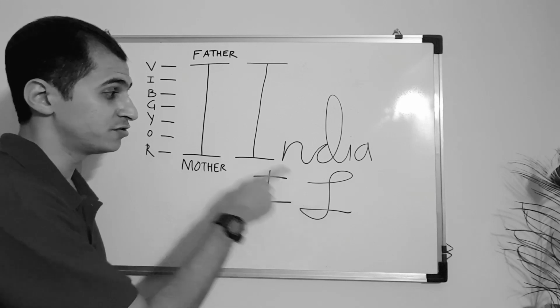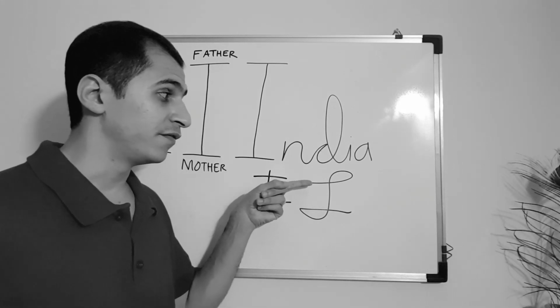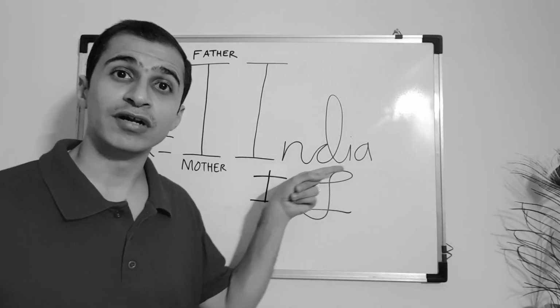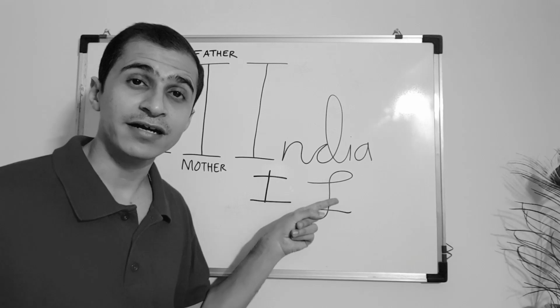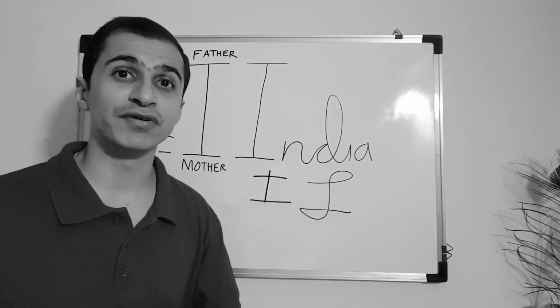If this was used with the personal pronoun I, that means what I learned from my father was to be creative and thoughtful about the future and be instinctively creative from my mother's point of view.